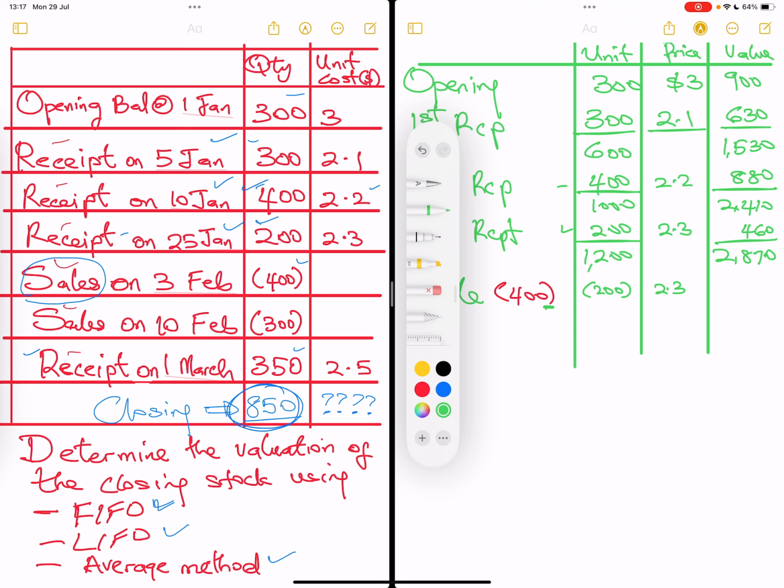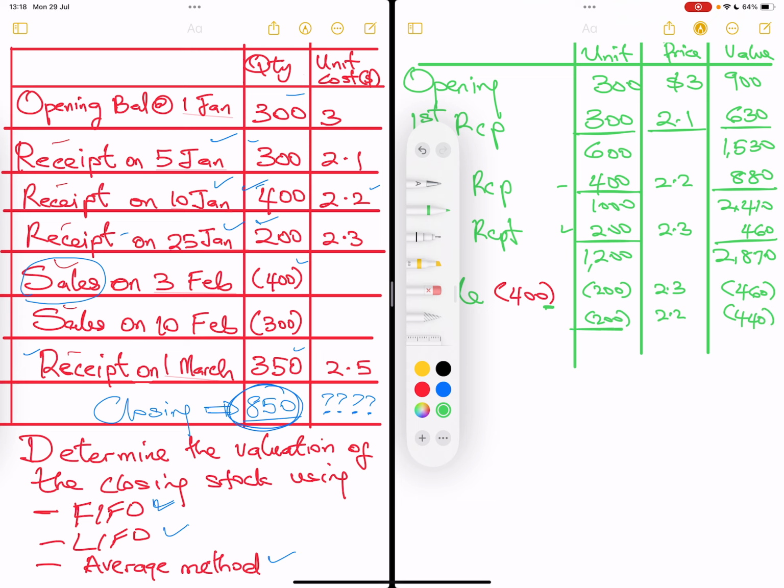We'll go to the next one, which is this one, another 200. We're going to sell at 2.2. So which means we're selling 2.3 times 200, and that's 460. And we're also selling 2.2 times 200, and that's 440.